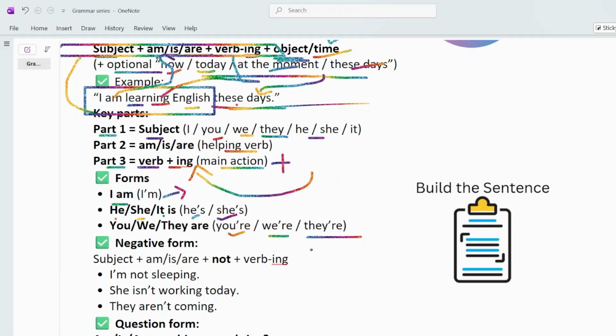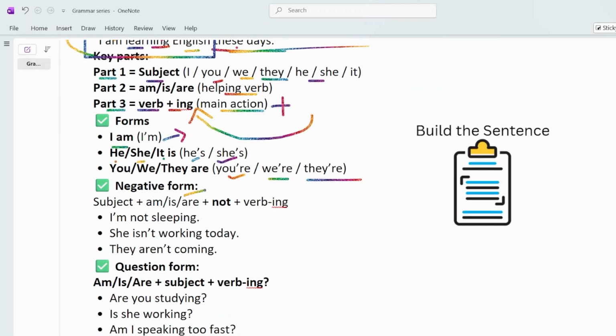Now let's move on to the negative format of forming a sentence, using the same tense, that is your present continuous tense. So here you can look at the formula: subject, is, am, or are, not. Obviously, when we use the negative form, not is our favorite word.